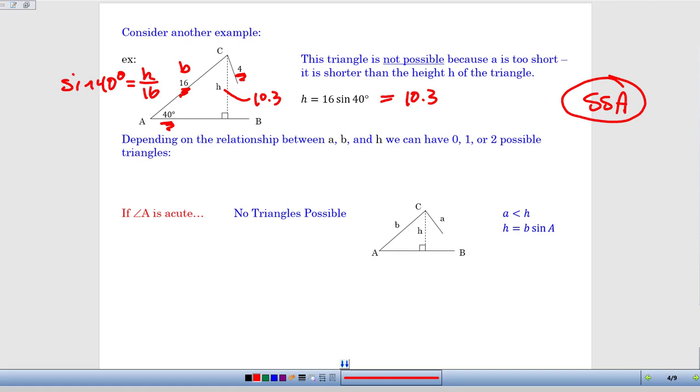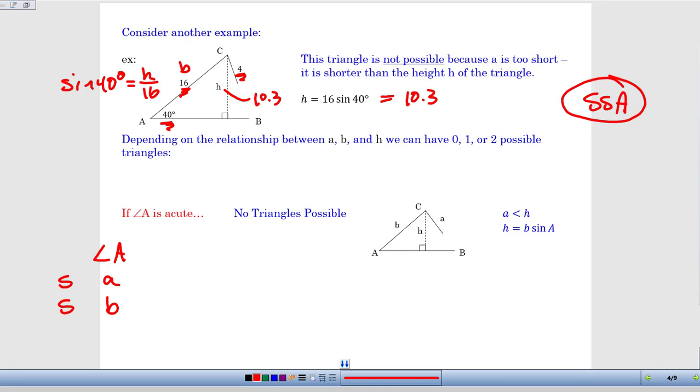And so what we have going forward in our notes here is a bit of a checklist. So to start off with, in each circumstance, we're going to be given angle A, the length across from it, and length b. So here's our two sides, and there's our angle above it.